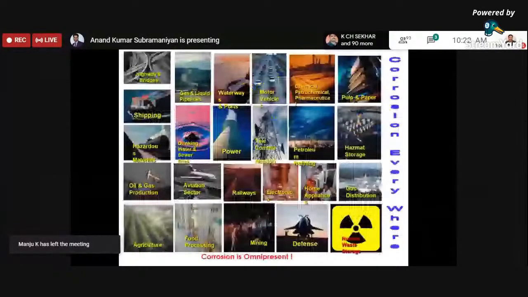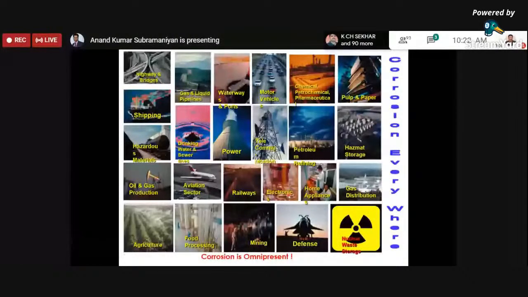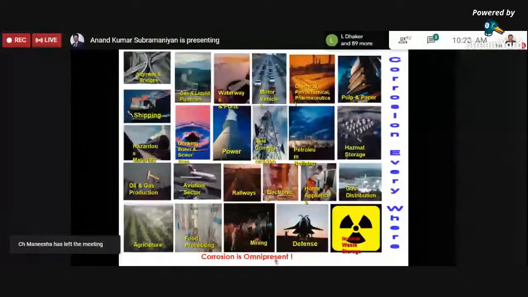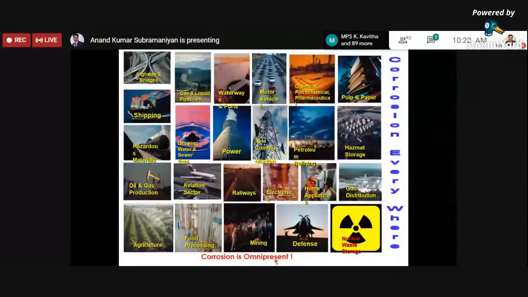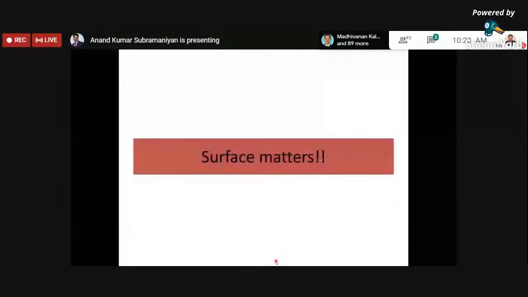Corrosion is a very good example, which can be seen right from shipping to the gas pipeline. It is omnipresent, so you can find corrosion everywhere, and the damage will start from the surface, right?